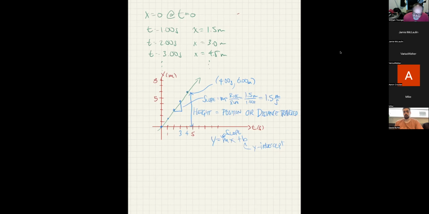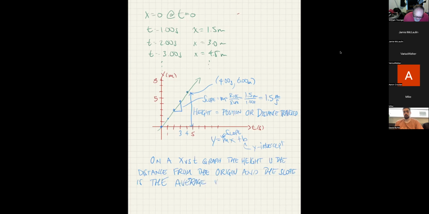So you'll see later we have a scenario where that's true, but on an x versus t graph, the height is the distance from the origin, and the slope is the average velocity.